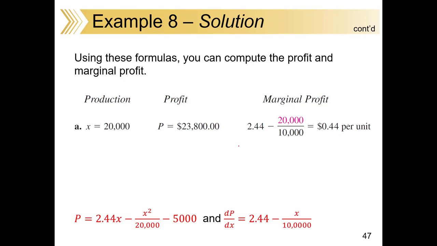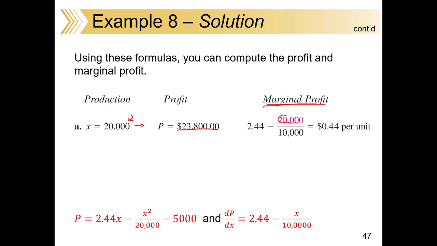So just to make sure I get this across right, here's your 20,000, that's how many hamburgers or whatever you've got. You put this into the profit function, evaluate that for an x of 20,000, then you'll take that 20,000 again and you'll put it into the marginal profit function.